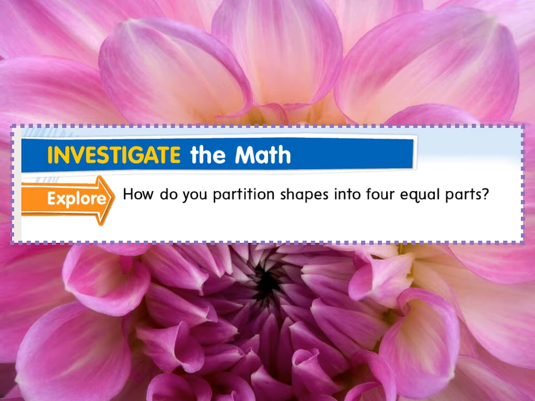How do you partition shapes into 4 equal parts? Partition means to divide, kids. You have seen from the video how to partition a shape or an object into 4 equal shares or parts. And each share or part is a fourth. 4 fourths make 1 whole.